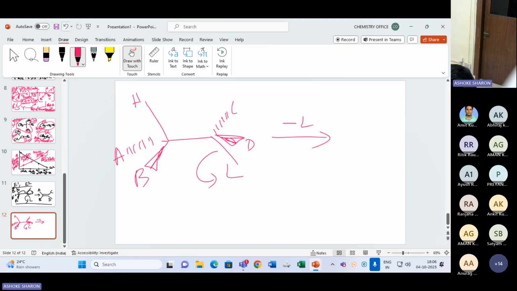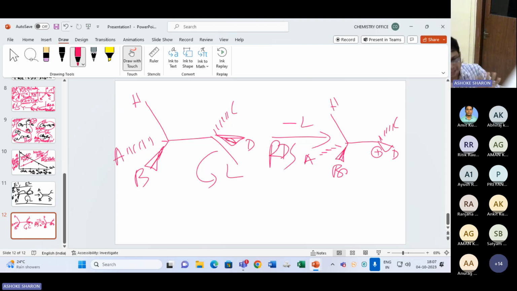You will get hydrogen, C, D, and a positive charge on A, B. Clear? So this is the RDS. It means when the leaving group is removed, the carbocation is formed, and that is the RDS.